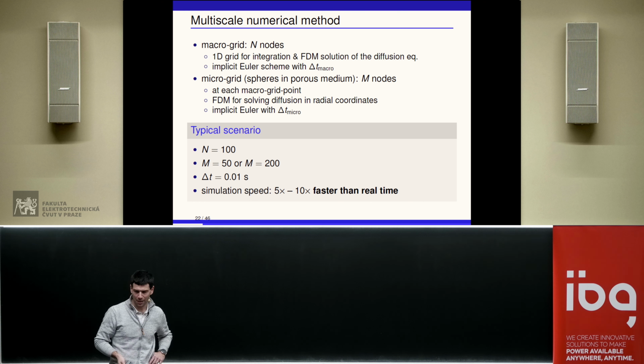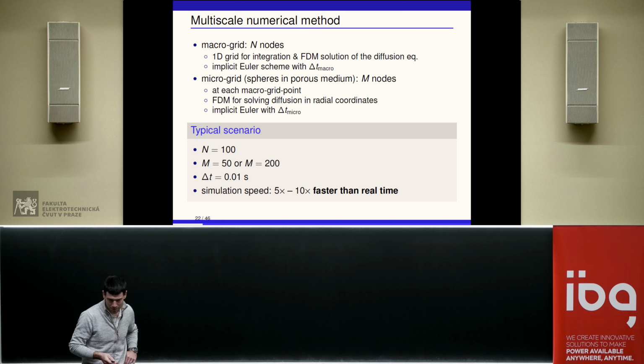There are two time scales, one for the microscopic and one for the macroscopic processes, and the resulting algorithm, which uses implicit Euler integration in time, ends up being 5 times or even 10 times faster than real time. So we are able to simulate the processes in real time.